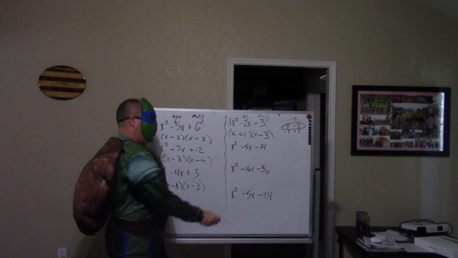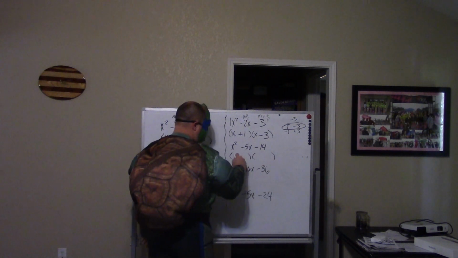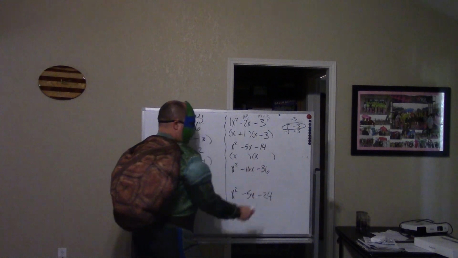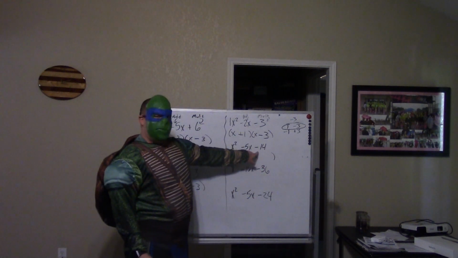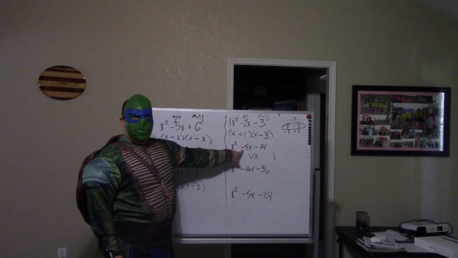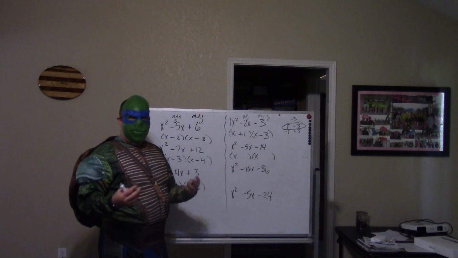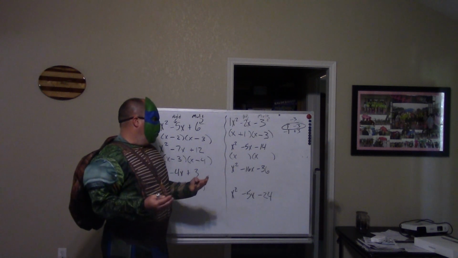Alright. Next one here. Same thing. Go ahead and write my parentheses. I've got x and x. I've got to come up with numbers that multiply to get negative 14. Okay, they're going to add to negative 5. Well, I know that 7 minus 2 is 5, and 7 times 2 is 14, so that's probably going to work.